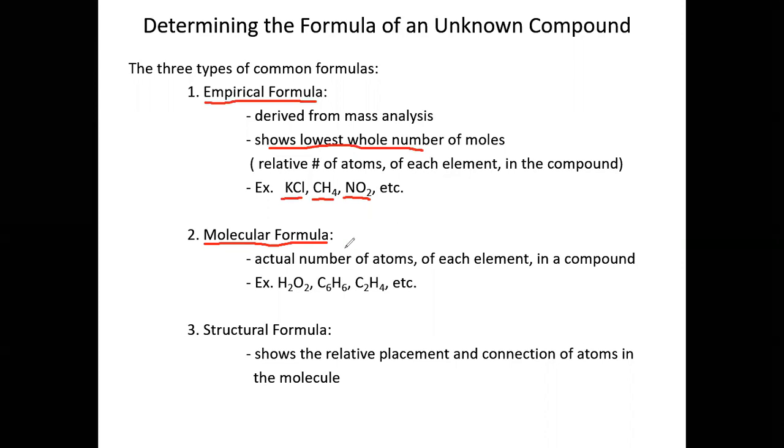But the majority of the time, you're going to have a ratio that's different from 1. For example, H2O2, common multiple is 2, C6H6, common multiple is 6, C2H4, common multiple is 2. If you factor out those common multiples, you'll be reduced back down to the empirical formula.